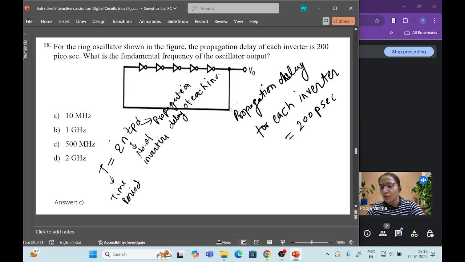The 2 is multiplied when the inverters are connected in feedback. Here inverters are connected in a feedback, so the 2 multiplication will be there.